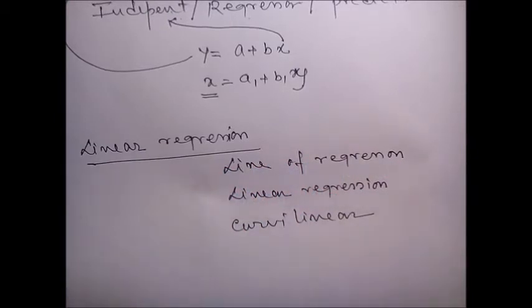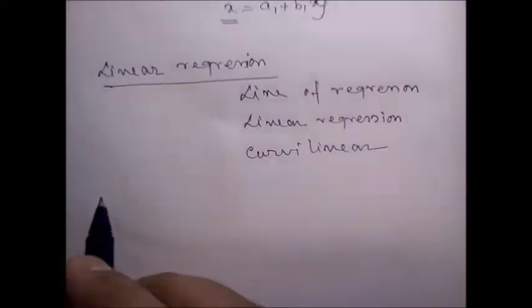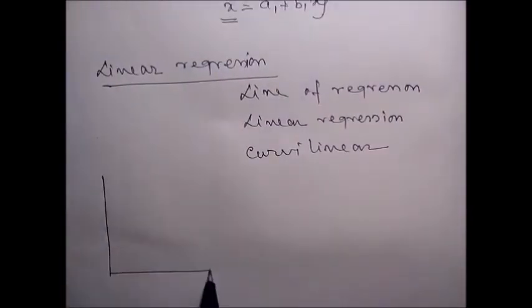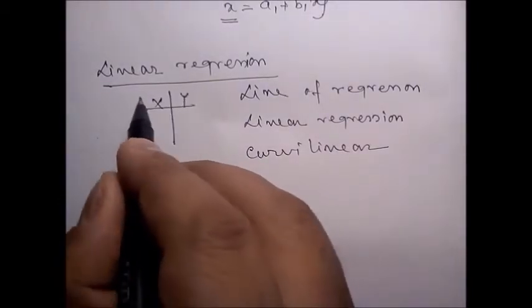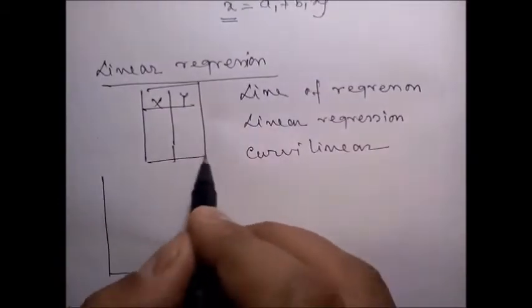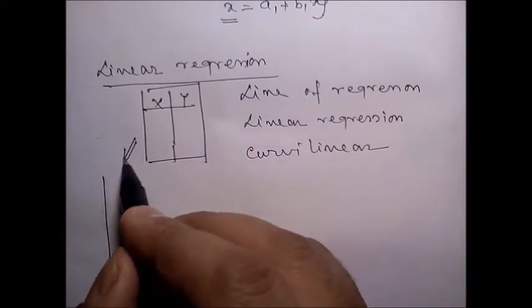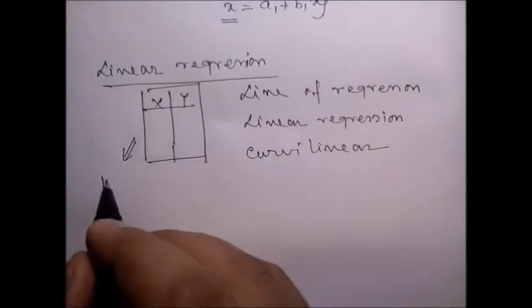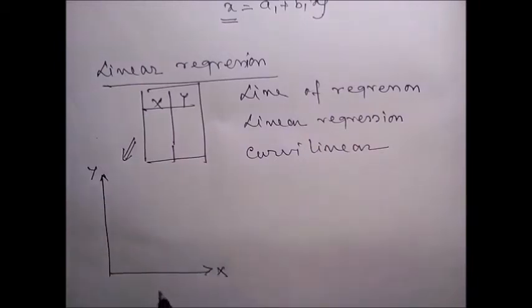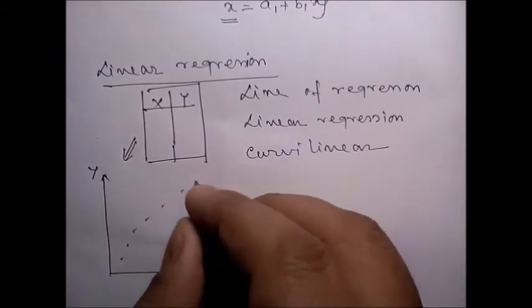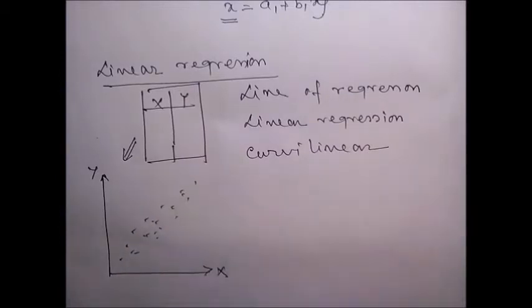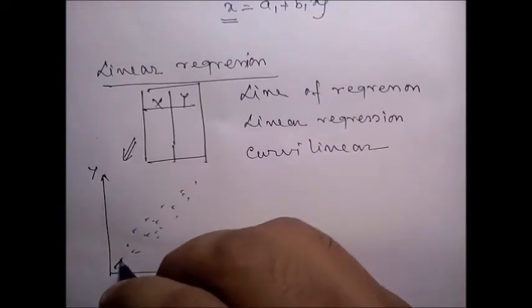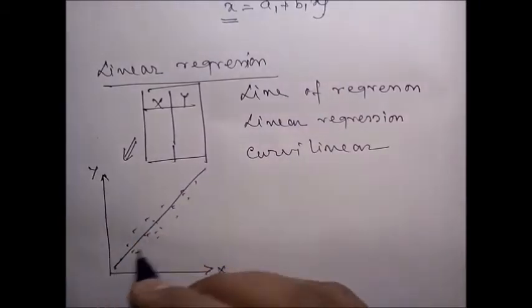Okay. Now, the meaning of that. Suppose we have one bivariate data. Say two variables are there, x and y, and we plot this particular data in a two-dimensional plane where the x and y axes are there. Now, if you plot the data, it may be like that. So there must be one line which represents this particular data.